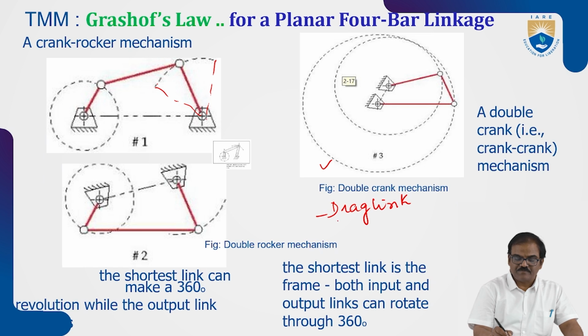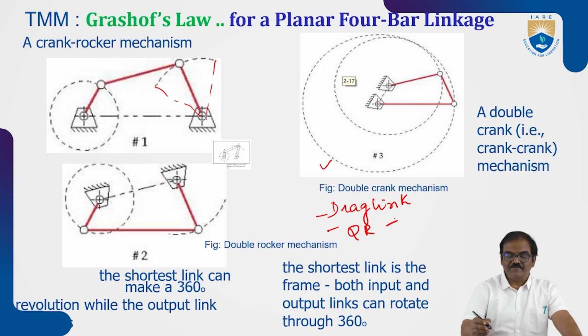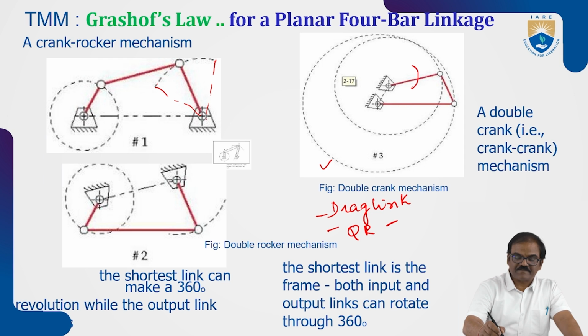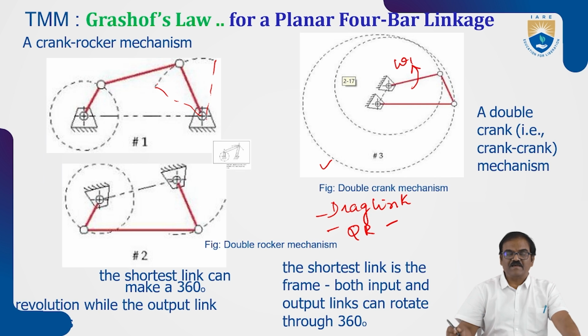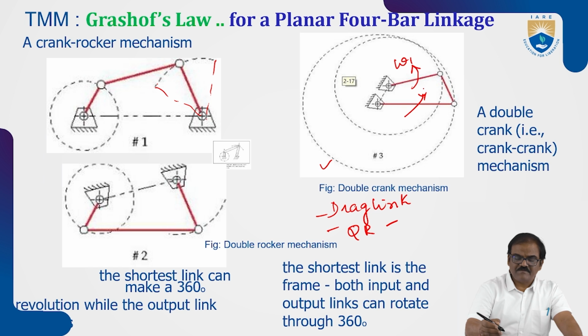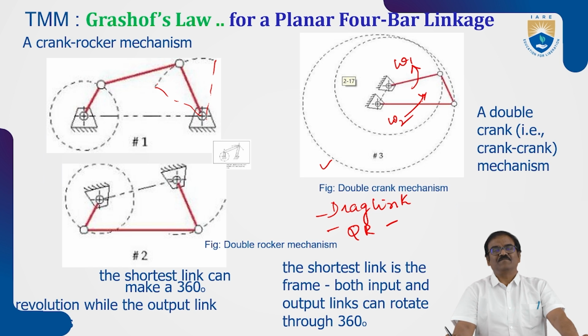This is also used for quick return mechanism, because if the first link has omega 1 as a uniform angular velocity, the other link will have omega 2 as a variable angular velocity.